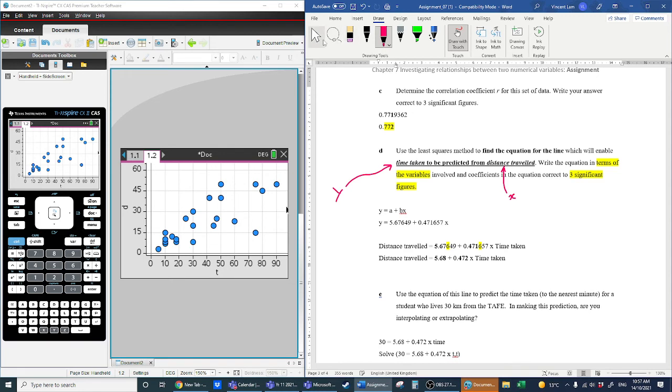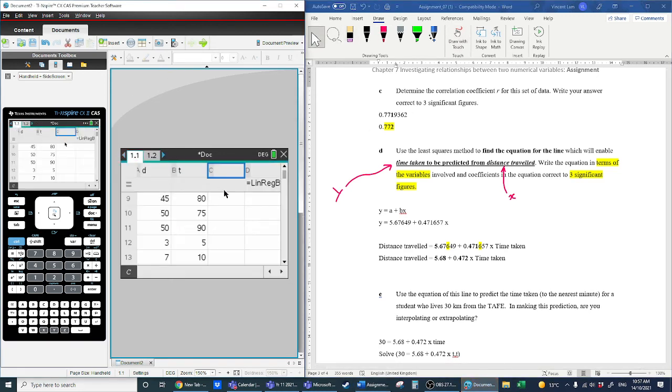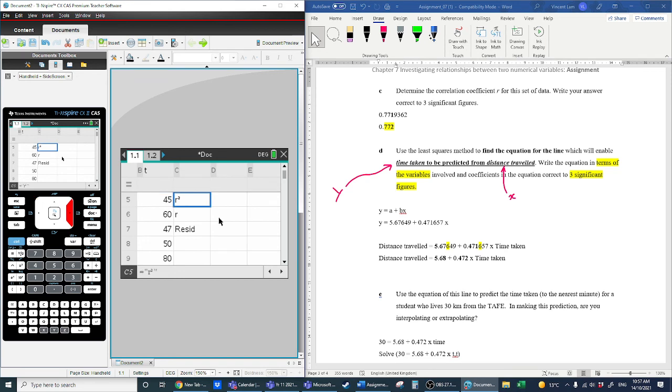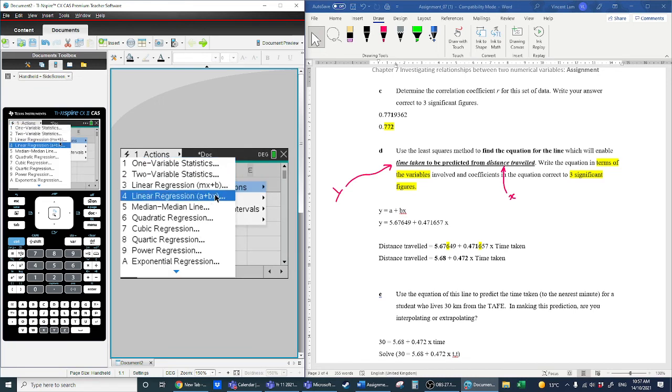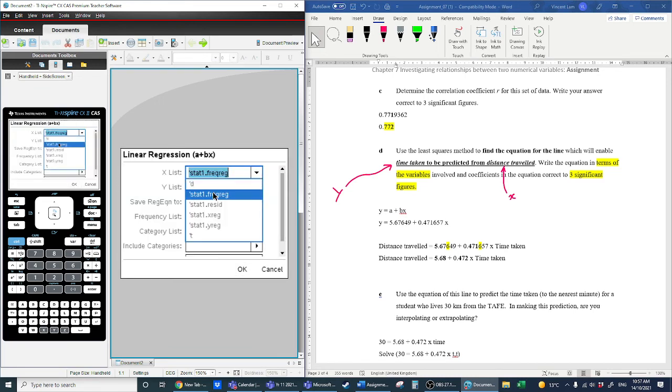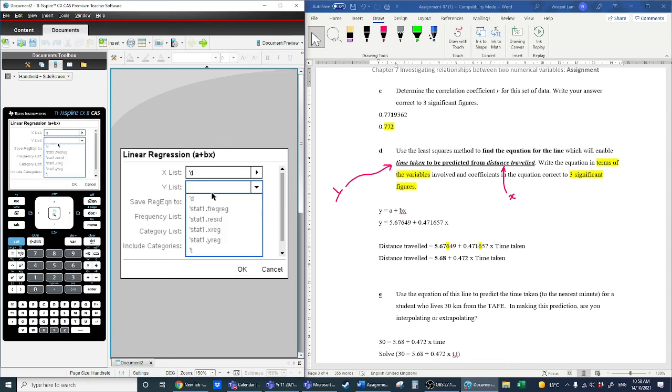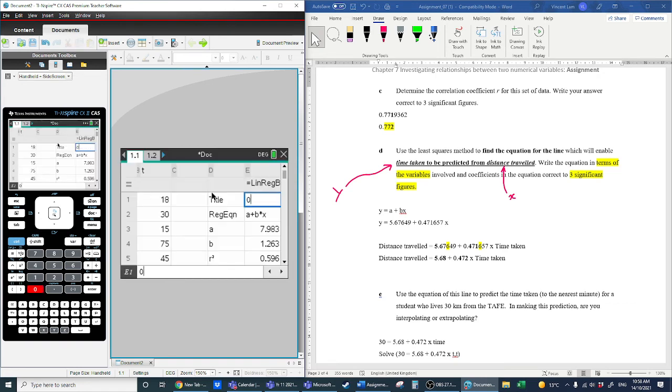Okay, so that's a good lesson in terms of make sure you read the question. So if we were to do that, then we need to do this again. The steps are still the same. You still do linReg a plus bx, but I'll just double check and make sure we get the right answers. So D is my x and t is my time now.